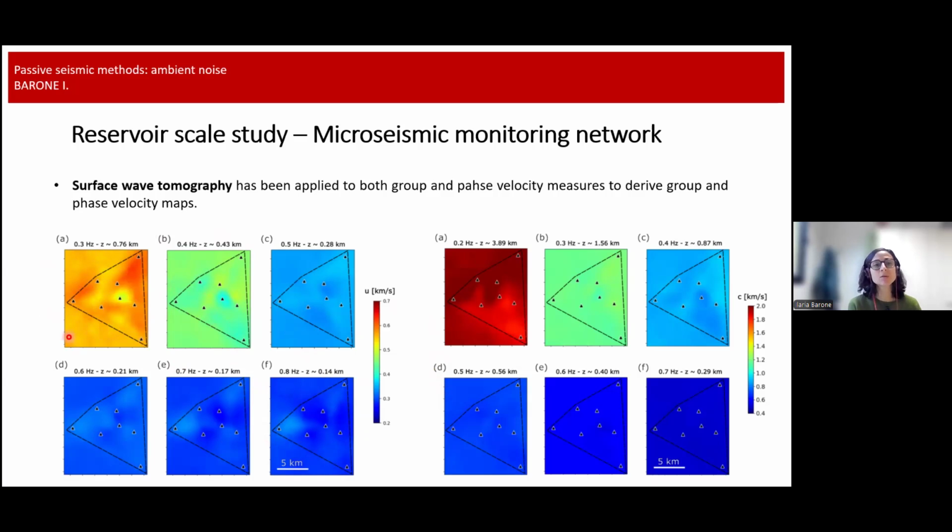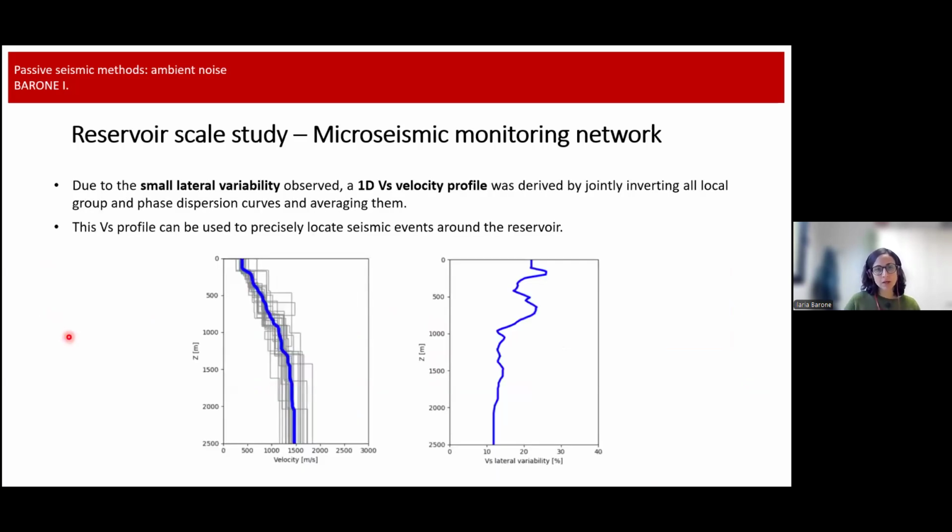And so for this reason, we decided to invert all the dispersion curves and then apply an average to get a 1D model. And that's what we got. So in gray, these are all the inverted shear wave velocity profiles for the different locations in the network, and this is the average curve.